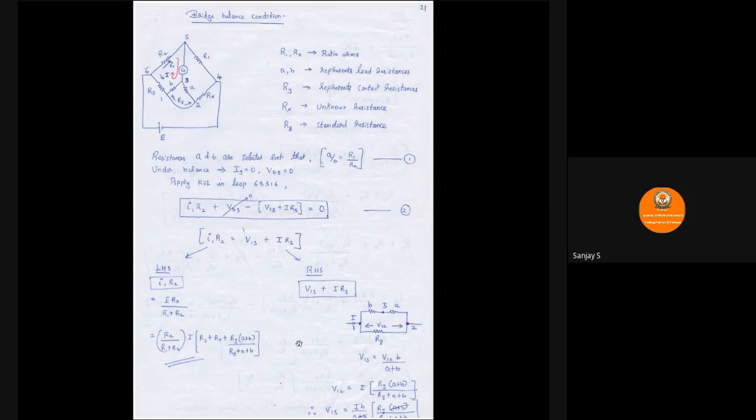So this LHS and RHS now we are trying to equate. If you take I as common factor in the RHS, it will get cancelled out. You'll be left with R3 plus Rx plus Ry into (A plus B) by (Ry plus A plus B), and I'm transferring R2 by (R1 plus R2) to the right side.